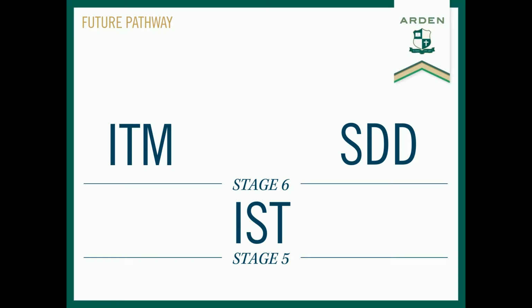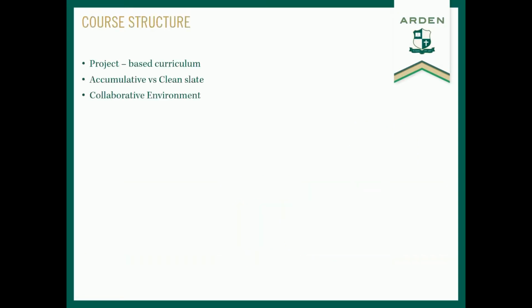So now that you have a bit of context of where we are going in Stage 6, that will give you a bit of context of how we design the projects in Stage 5. We've already mentioned it is a project-based course in that each term we start a discrete project.